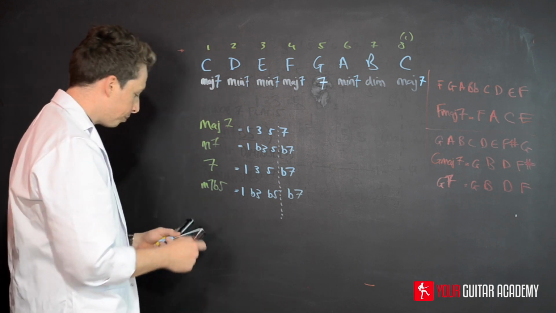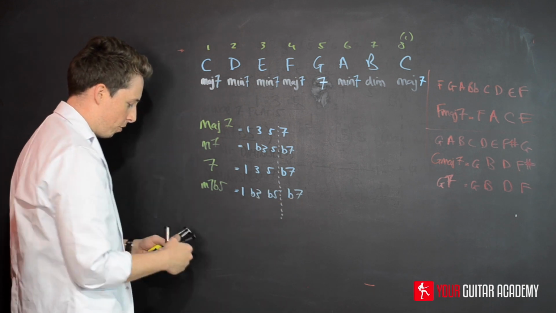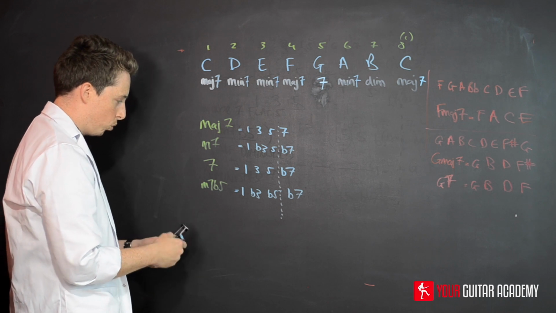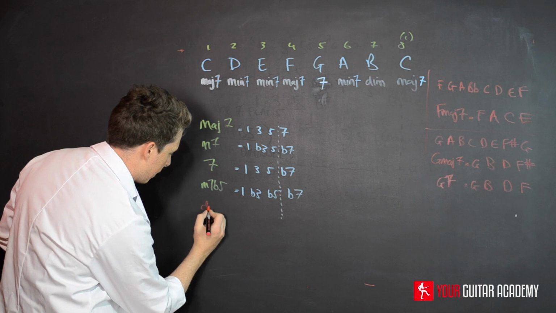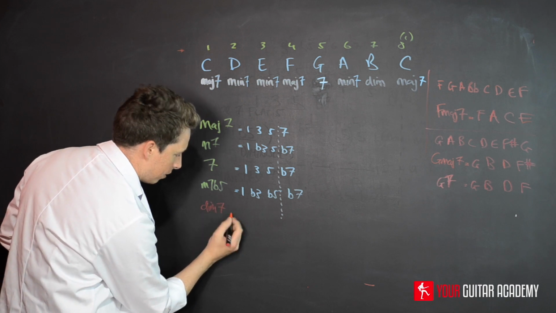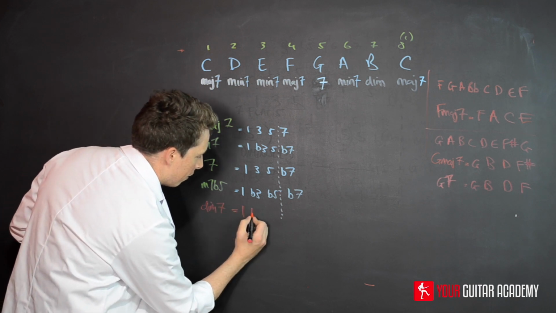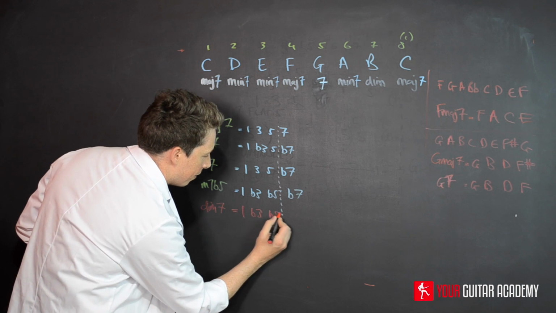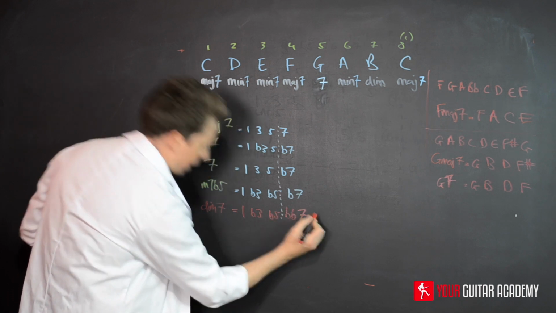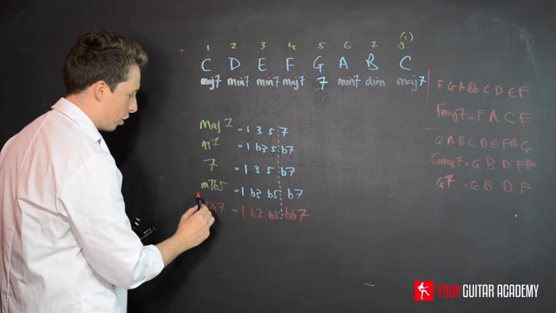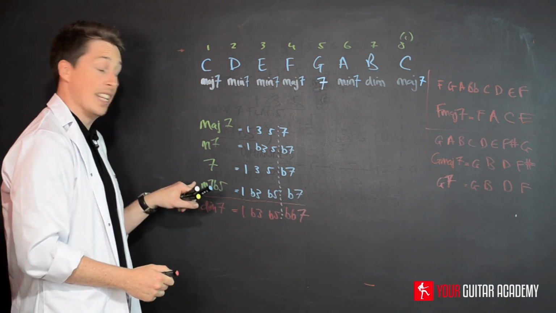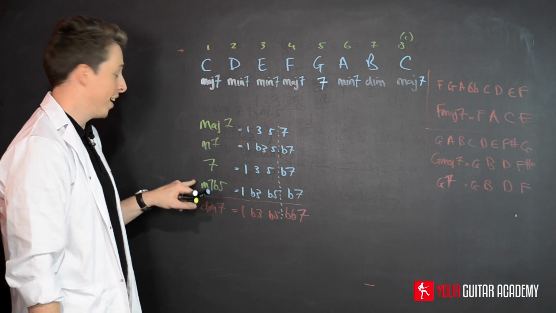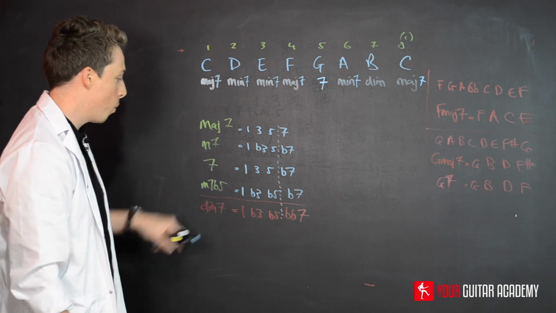Now, minor 7 flat 5 is that formula, and remember that you've also got the diminished 7, which I'm going to put here as dim 7, for example, which is 1, flat 3, flat 5, flat flat 7. We're going to use it just to show you why it's this one. There's a little teaser for you. It is this one, but I'm going to show you why.